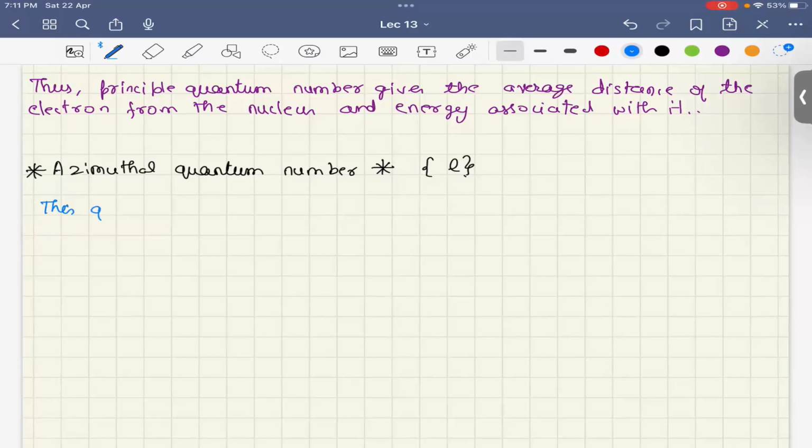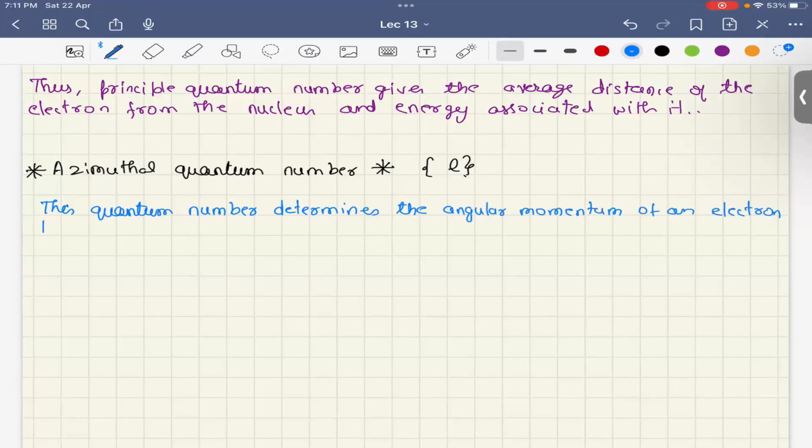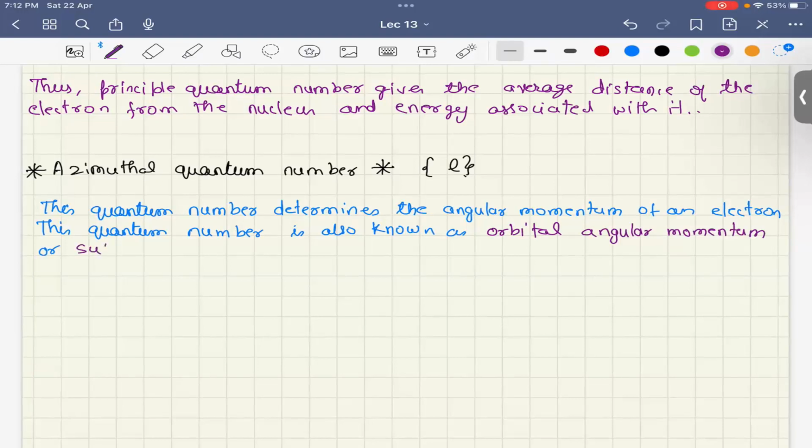So this quantum number determines the angular momentum of an electron, and it is also known as the orbital angular momentum or subsidiary quantum number, right?